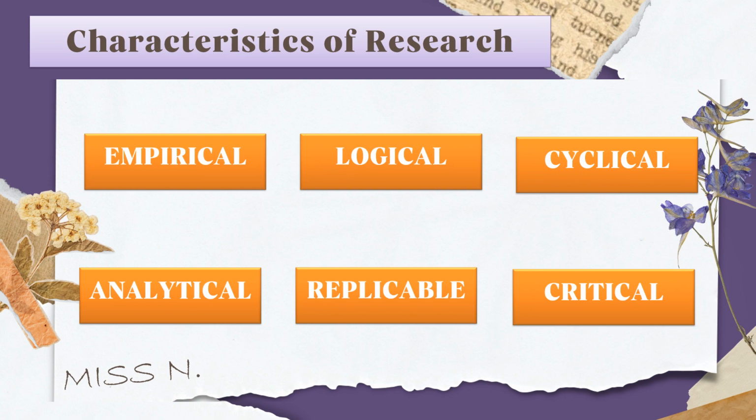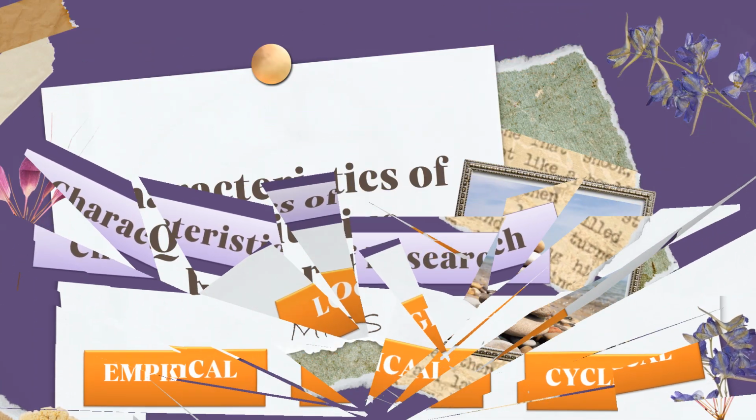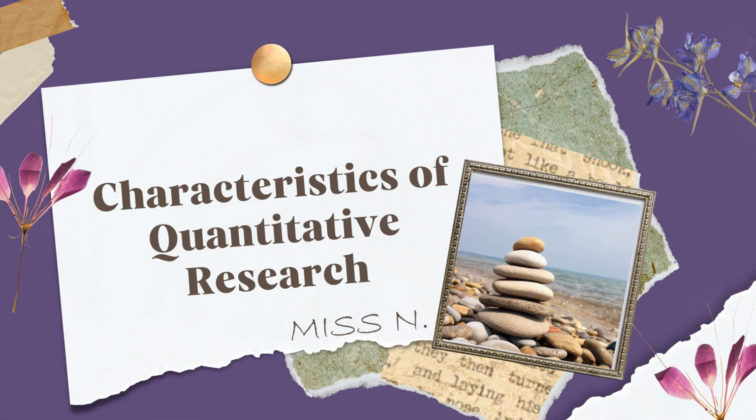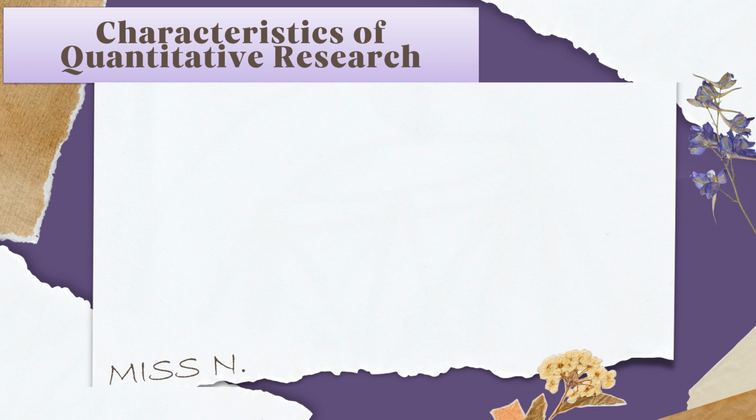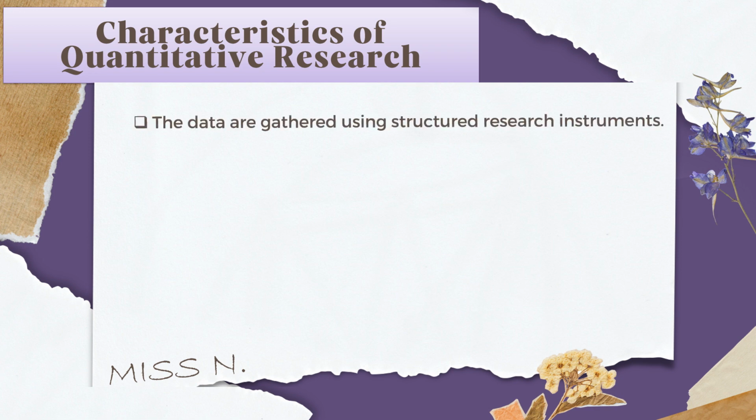Now let's proceed to the characteristics of quantitative research. We have four characteristics of quantitative research. First, the data are gathered using structured research instruments, where the researcher can use a survey questionnaire anchored from different studies.